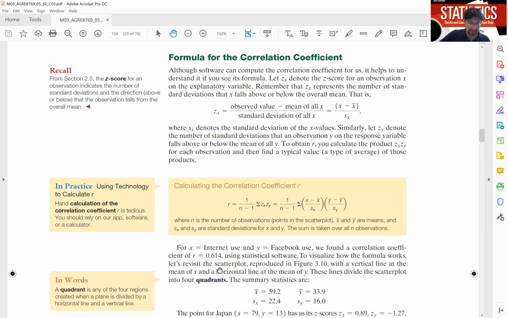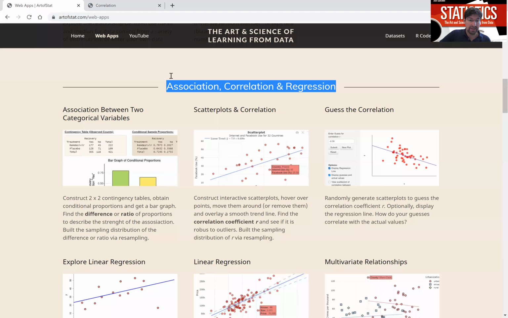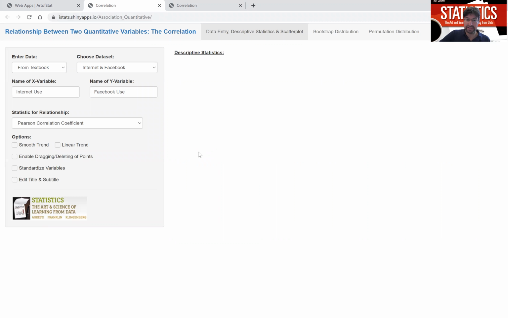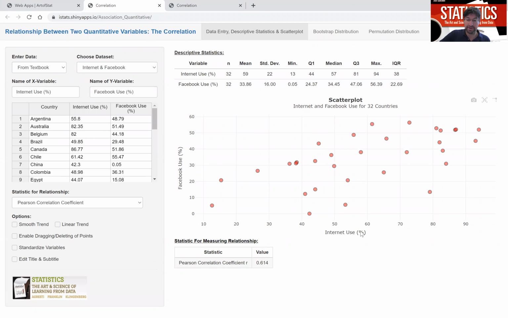I went to artofstat.com, clicked on Web Apps, and then clicked on the Scatterplots and Correlation app, which is this one right here. When you open that app, you will see the familiar data set where we plot internet penetration or internet use of 32 countries against their Facebook use.